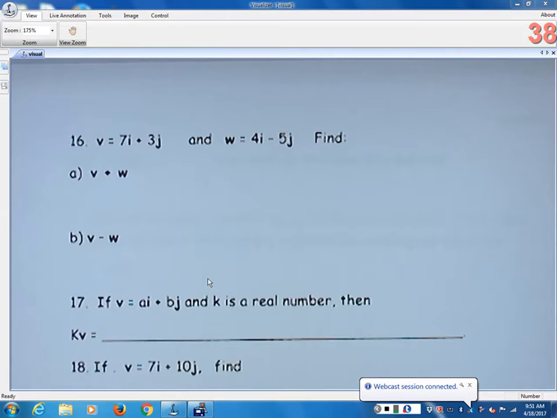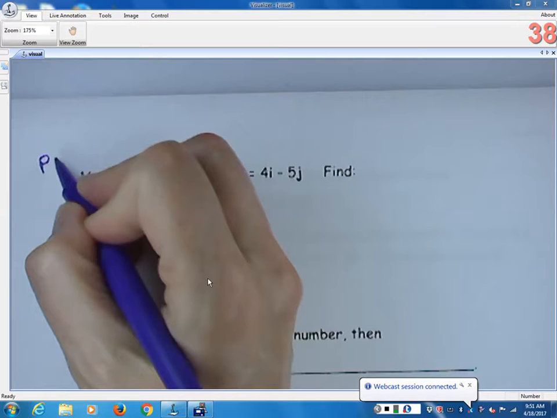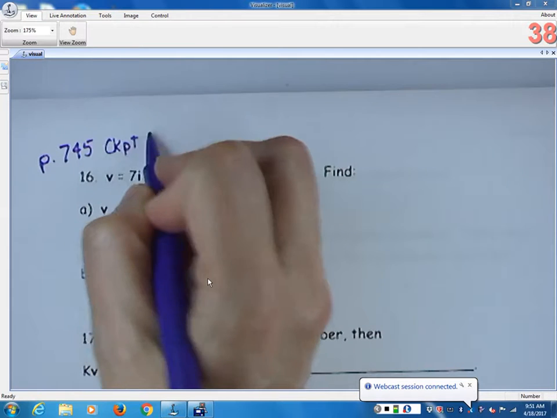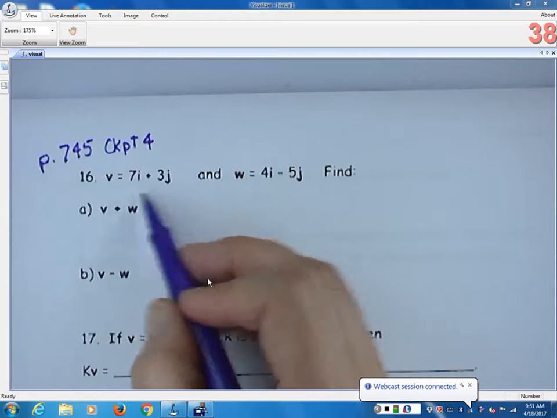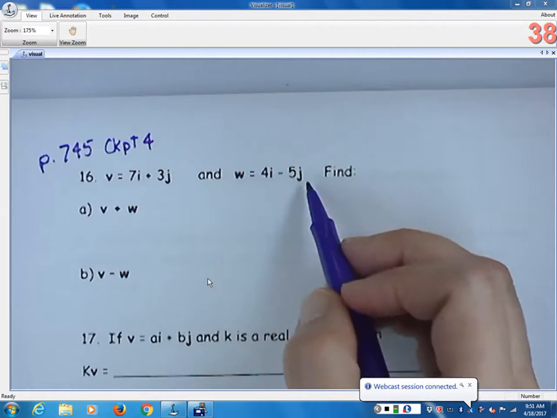So we'll have you do the preview worksheet in class after this. So we're going to do this last page. So this is page 745. Checkpoint 4. We've got vector V is 7I plus 3J, and vector W is 4I minus 5J.